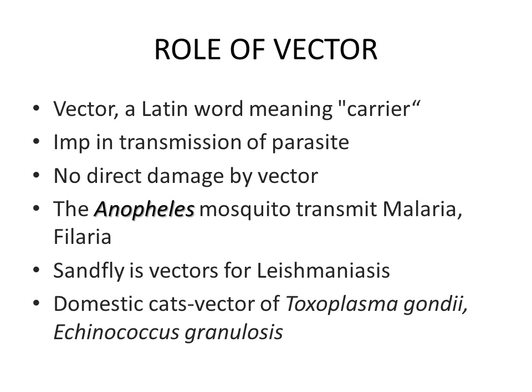Role of vector. What's the role of vectors? Vector is a Latin word meaning carrier. Important in transmission of parasites. No direct damage by the vector. The Anopheles mosquito transmits malaria, filaria.